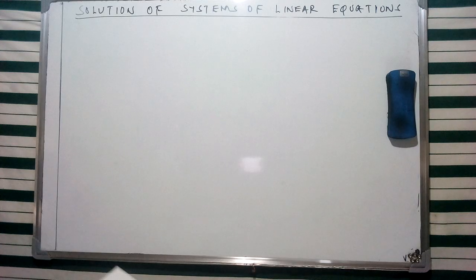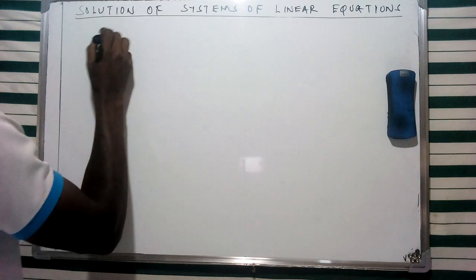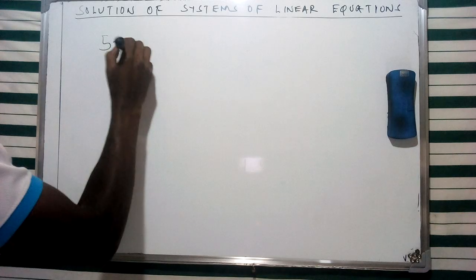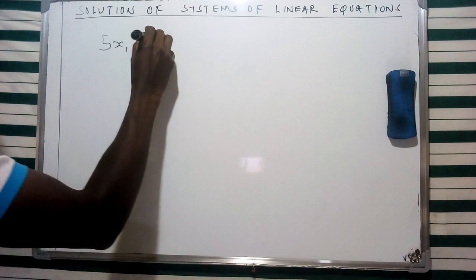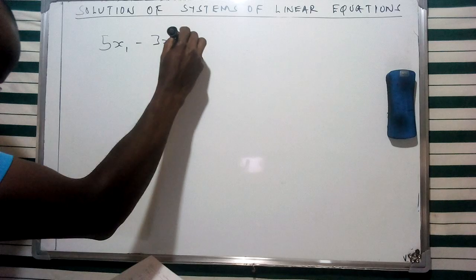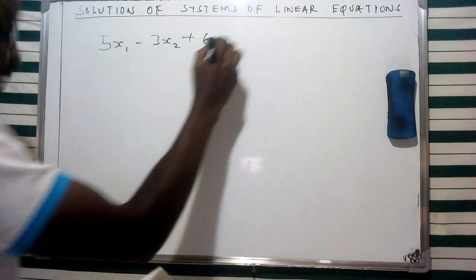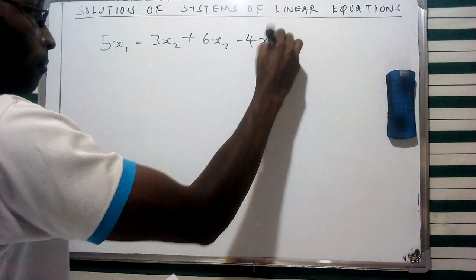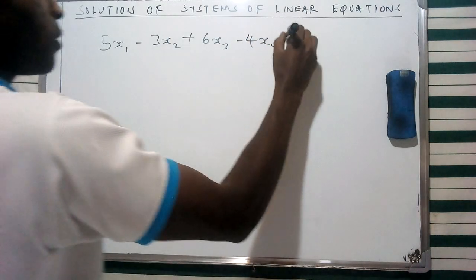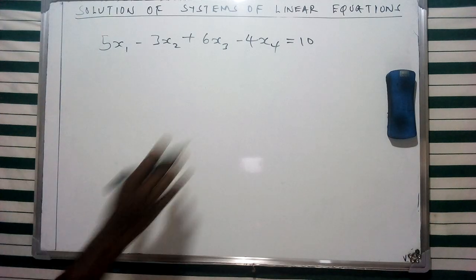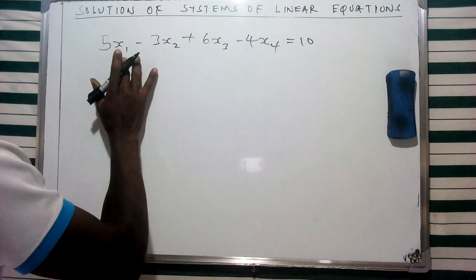Now, in this case, if we have an equation of the form 5x1 minus 3x2, and of course plus 6x3, and minus 4x4 in that specific case, equivalent to 10, we can have a set of numbers which are going to provide solutions to these specific variables.